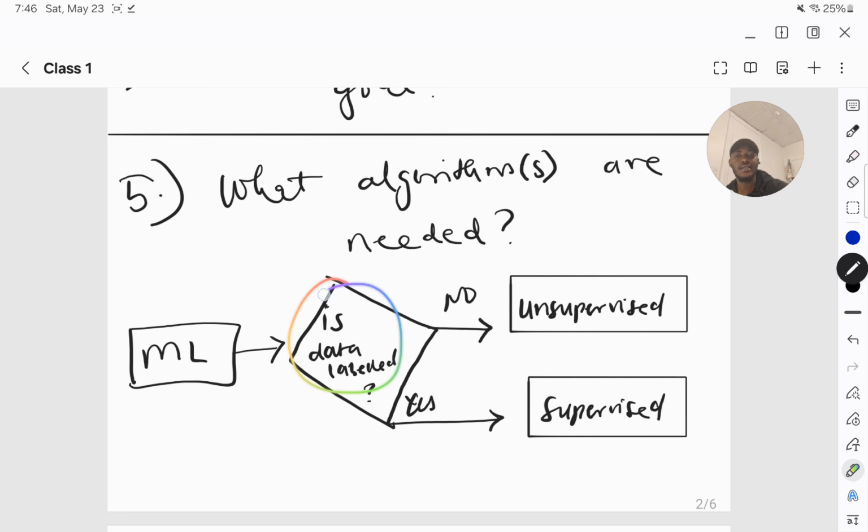But if the data is labeled, you use a supervised algorithm. So this explains what machine learning algorithm may be needed: it is based on the nature of the data.